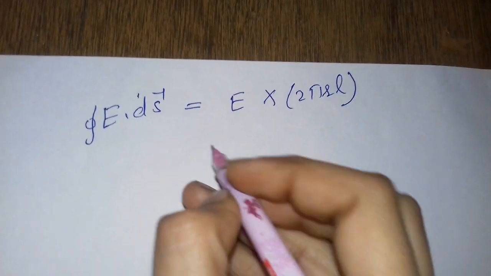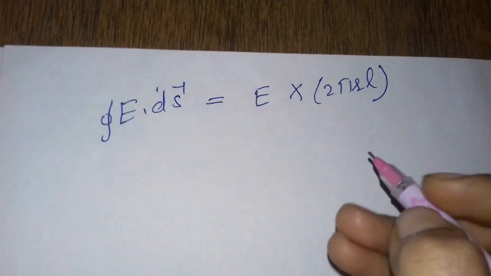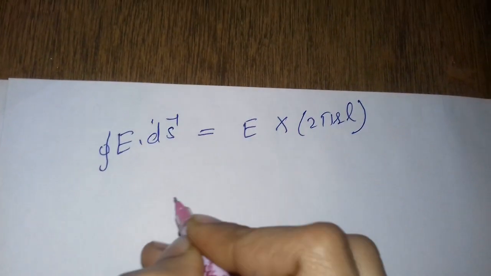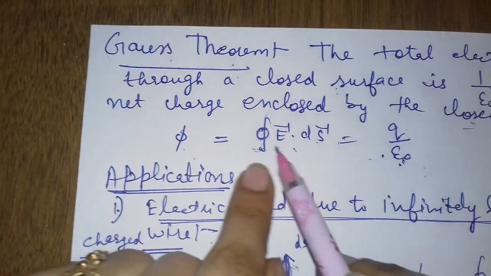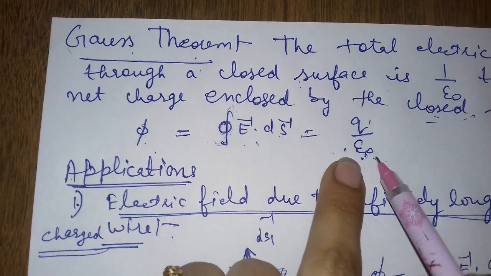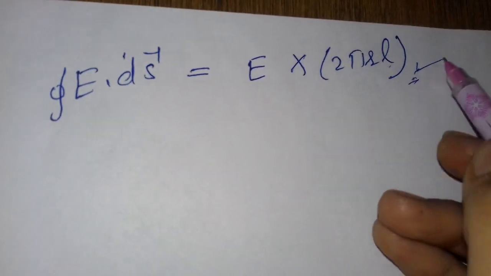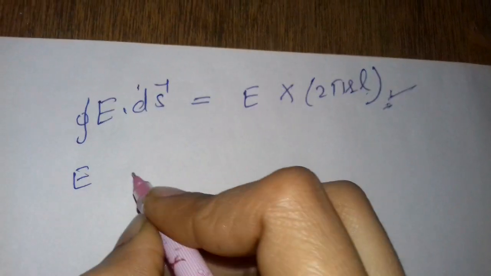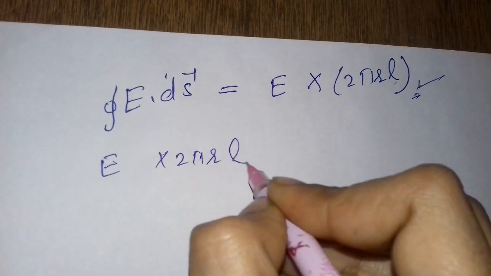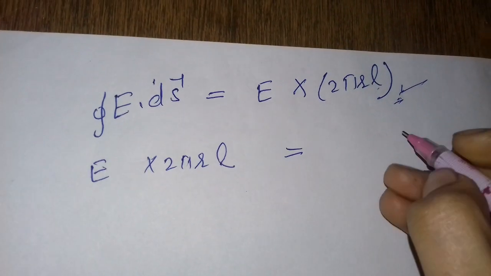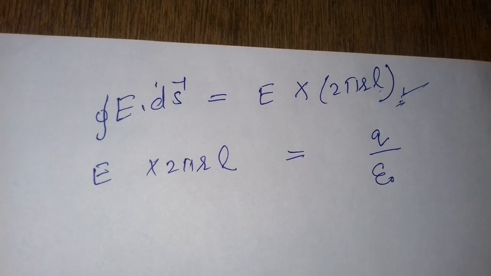Then using the relation of Gauss theorem, that is, the closed integral of E dot ds is equal to q by epsilon naught. So using these two equations, I get E into 2 pi r L is equal to q by epsilon naught.